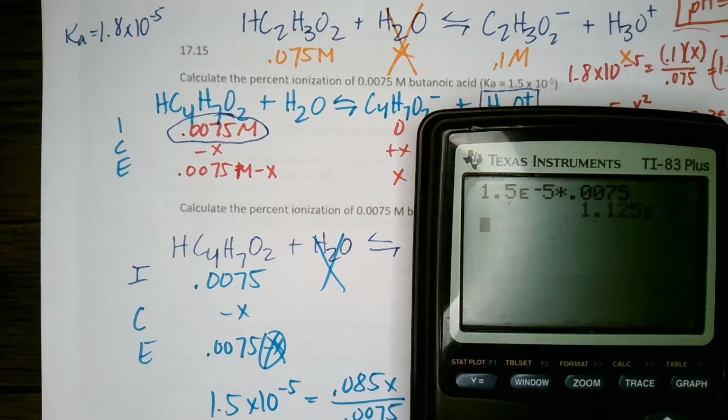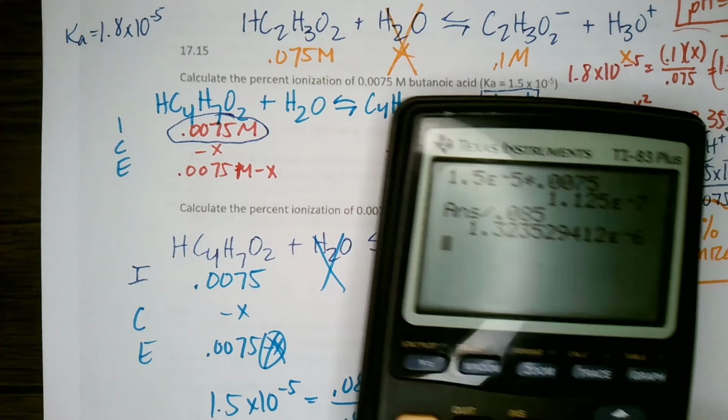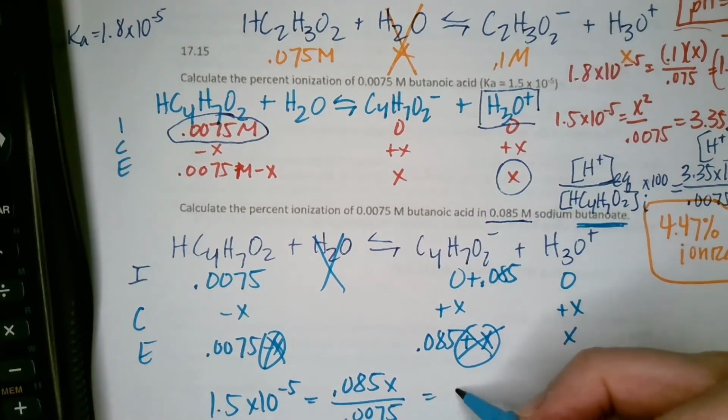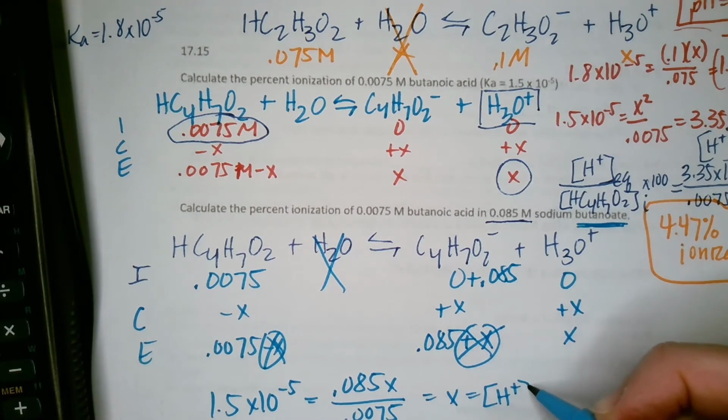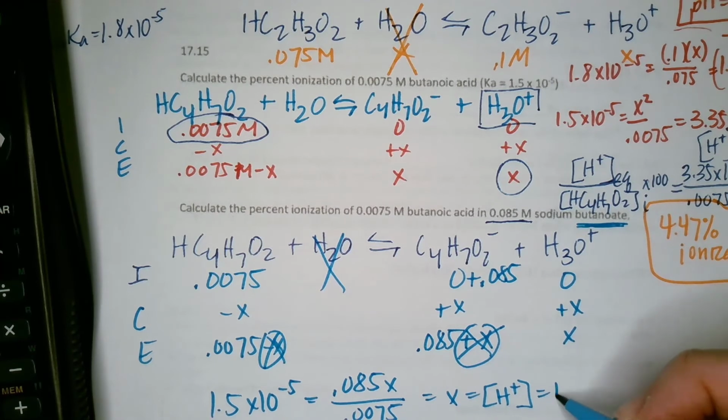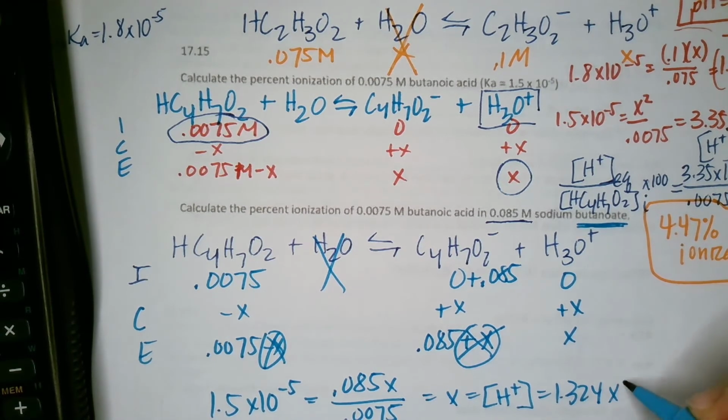I'm going to do 1.5 times 10 to the negative 5 times 0.0075 and divide it by 0.085. So I get an x value, my hydronium ion concentration, of 1.324 times 10 to the negative 6, which is my H plus concentration at equilibrium.